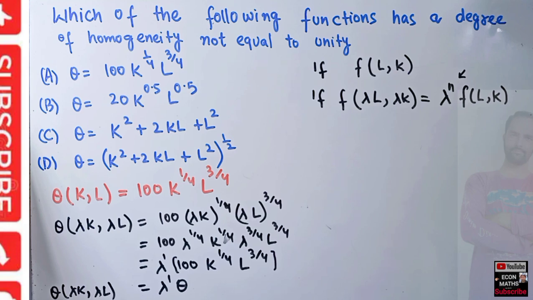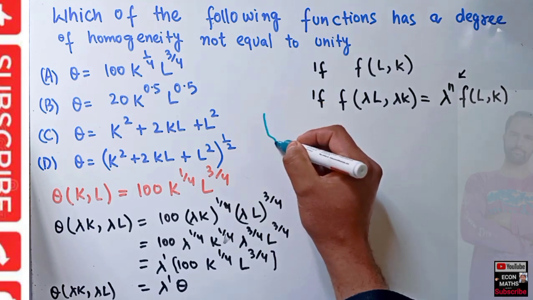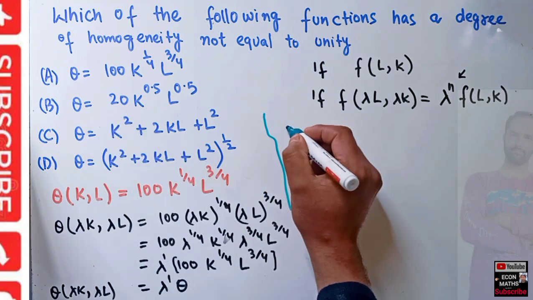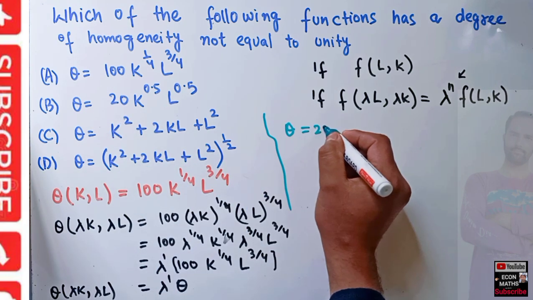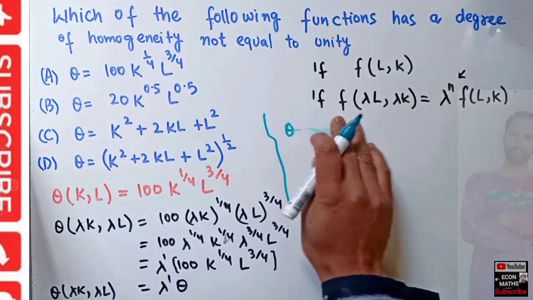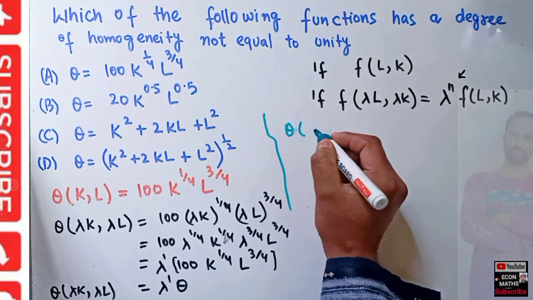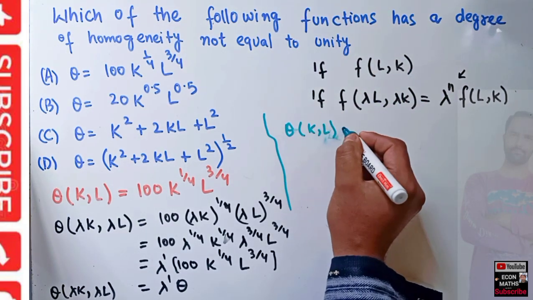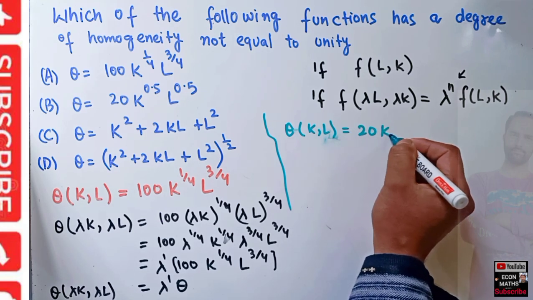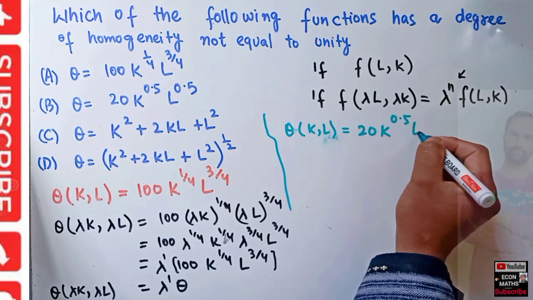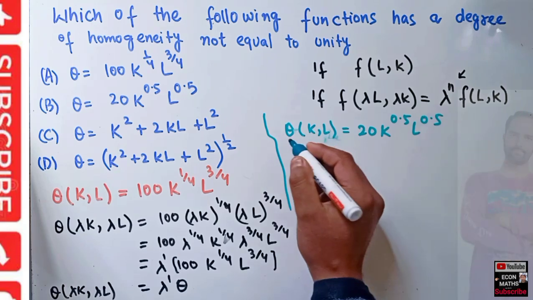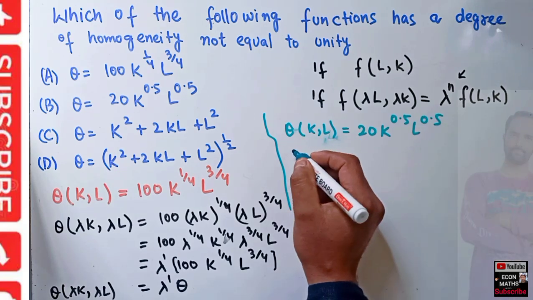Okay, now let's take the case of the next function. The same logic applies here. Q is a function of capital and labor, which is equal to 20 K^0.5 L^0.5. So let's multiply each input by lambda.